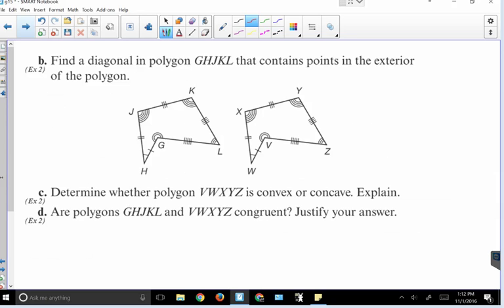If I draw a diagonal, does it go on the outside? 50-50 shot, yes or no? Yeah, most definitely. If I take a look at the one that goes from here to here, it's on the outside, it's in the exterior, okay?